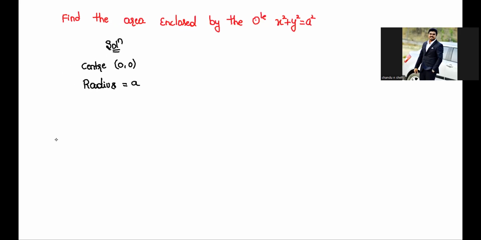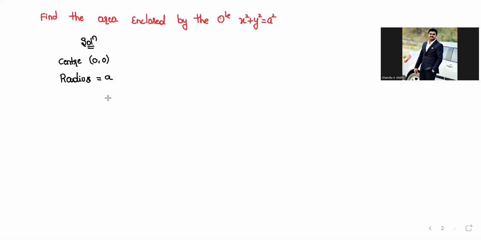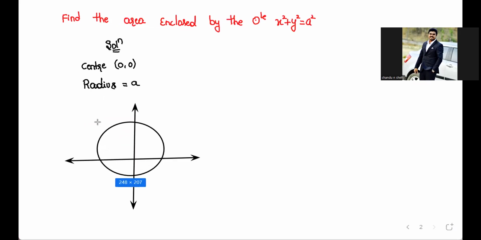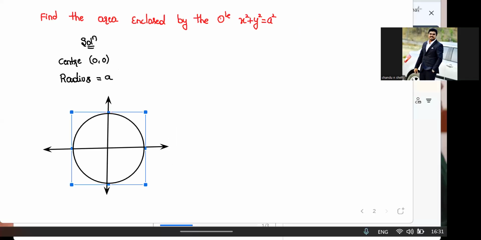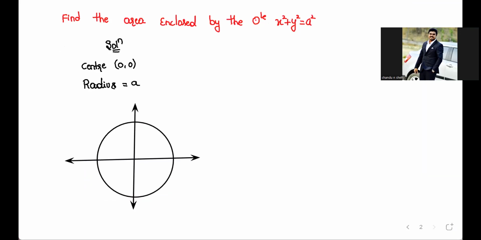Now we draw the diagram. You should observe, I'm taking here one Cartesian plane, and again I'm taking one circle. You can observe in this circle we have 4 quadrants, so I'm shading only one quadrant of this circle, the first quadrant.